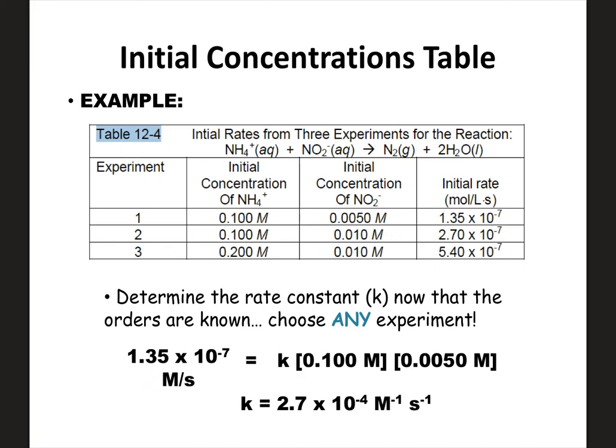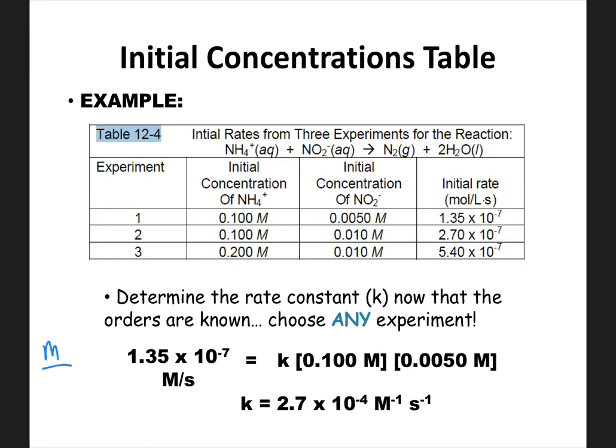So essentially you have molar per second divided by molar squared. When you actually do the math and see what's going on here, you get molar to the -1 seconds to the -1. Sometimes it's helpful to actually look at the math here and think about it.